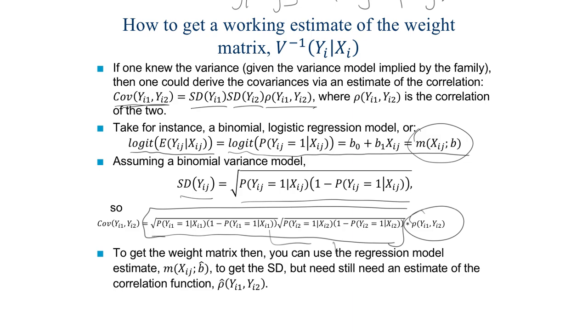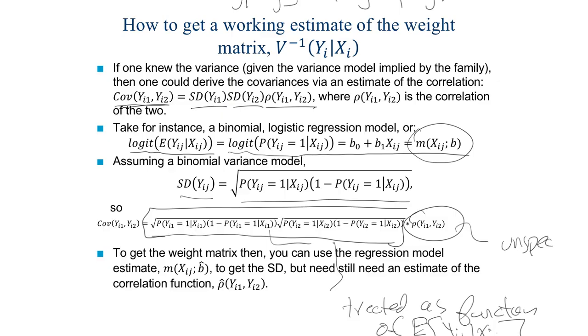This is treated as a function of the mean of y given x_ij, and this is unspecified. And that's the way the process is separated out.